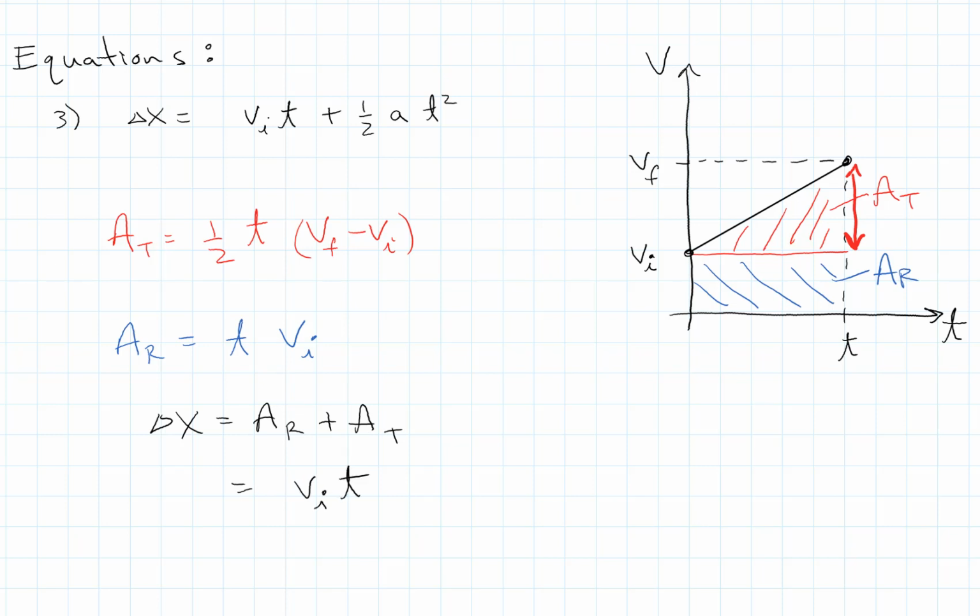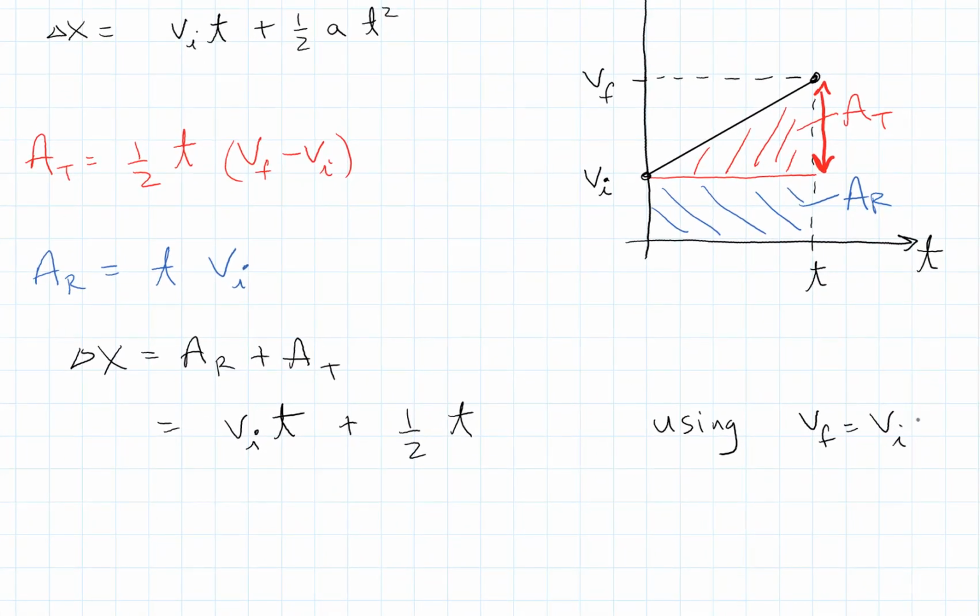There's the area of my rectangle. The area of my triangle, I'm going to write it a little differently. Instead of v final minus v initial, I'm going to use a result we got earlier. For equation 1, we got v final is v initial plus at.